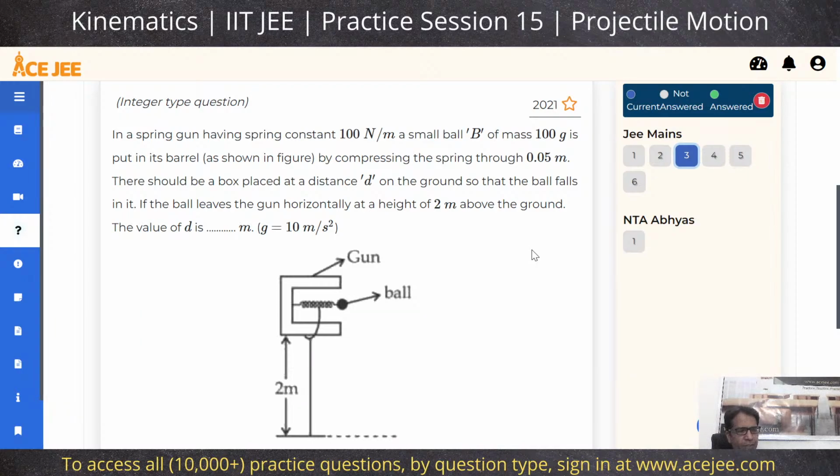mass 100 grams is put in its barrel by compressing the spring through 0.05 meters. There should be a box placed at a distance d on the ground so that the ball falls in it. If the ball leaves the gun horizontally at a height of 2 meters above the ground, what is the value of d? Well, this is just like what we solved in the helicopter scenario.